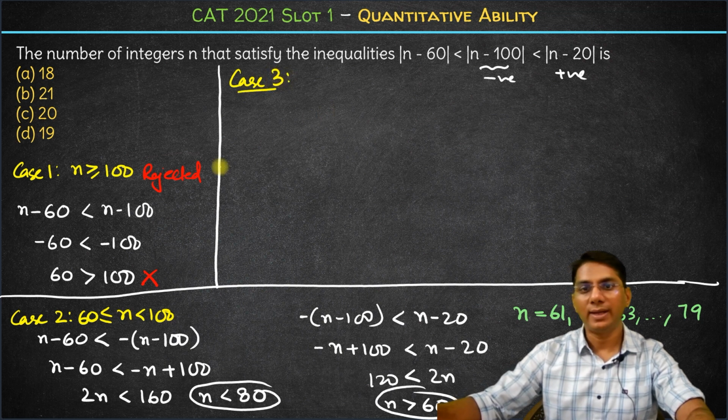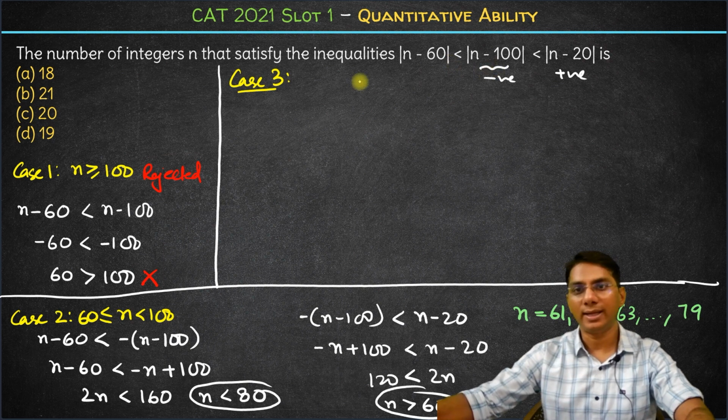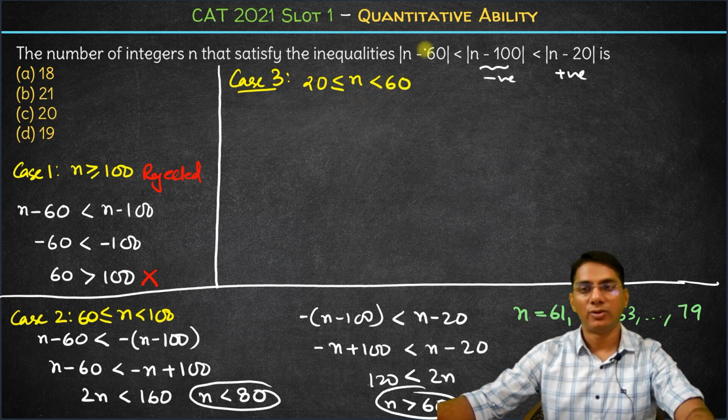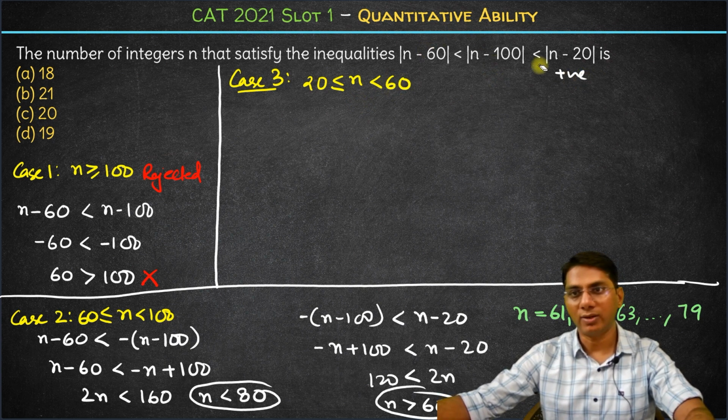Case 3 is when n is between 20 and 60. So n is greater than or equal to 20 but less than 60. If this is the case, let's look at the sign of each of these terms inside the mod. This will be negative, this will be negative, only this will be positive, right?